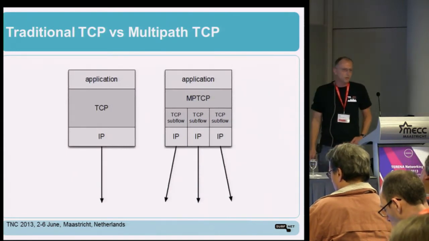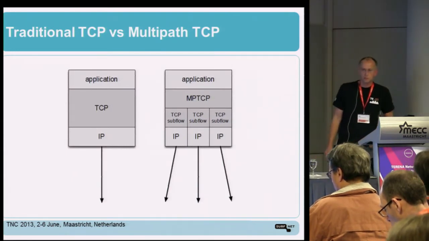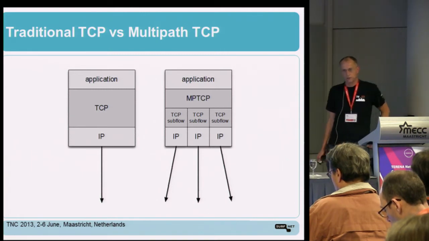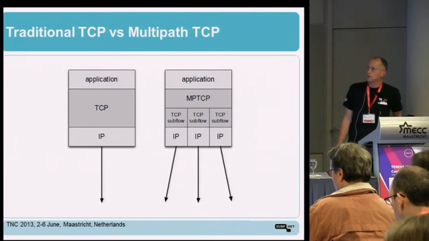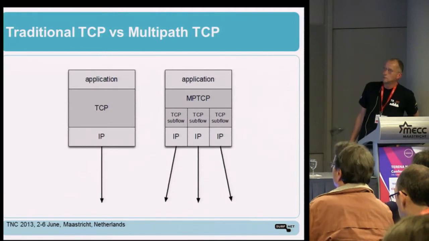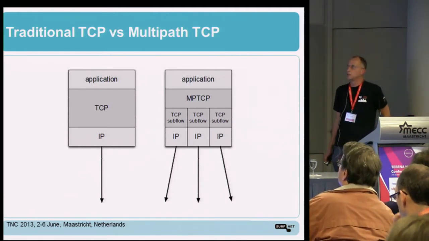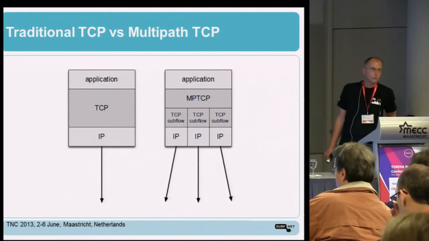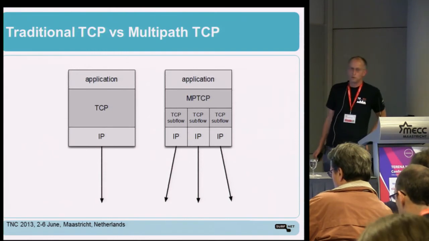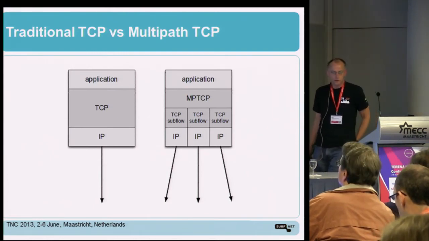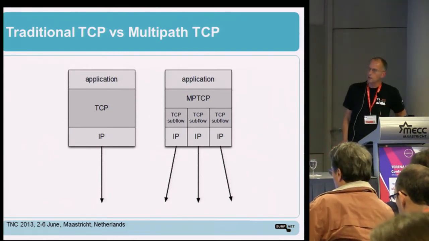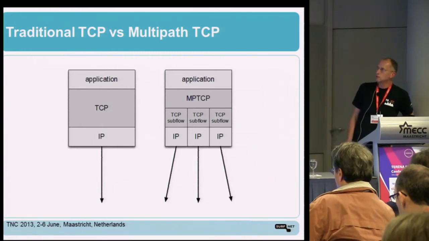This is a comparison between traditional TCP and multipath TCP. Traditional TCP is to the left: you have the application and the TCP stack. The byte stream of the application is split up into segments, handed to the IP stack, and put on the interface. To the right is MPTCP.